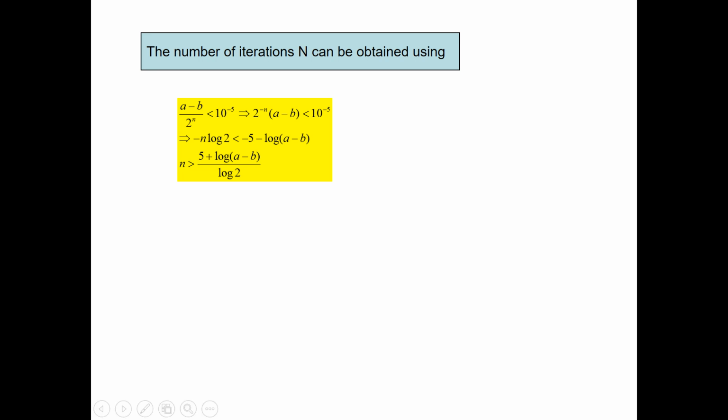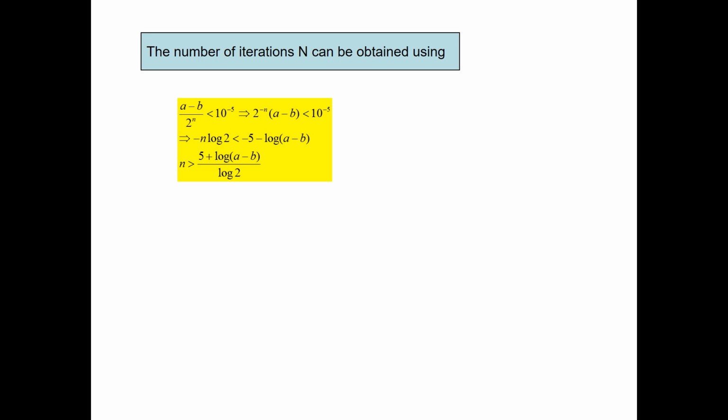Now we are going to calculate the number of iterations. We remember that our upper bound is A and the lower bound is B of the interval, so we will have the condition (A minus B) over 2^n lower than the error or tolerance 10^-5. Solving this implies that 2^-n multiplied by (A minus B) is lower than 10^-5.